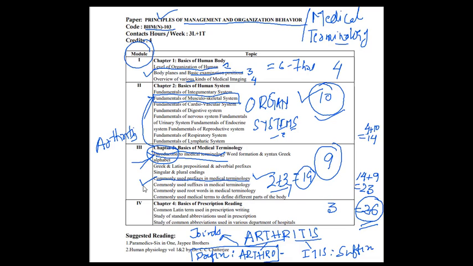Investigative procedures means the medical imaging, or apart from medical imaging, it might be different laboratory tests also that need to get conducted. All this is to be there in the prescription, right?